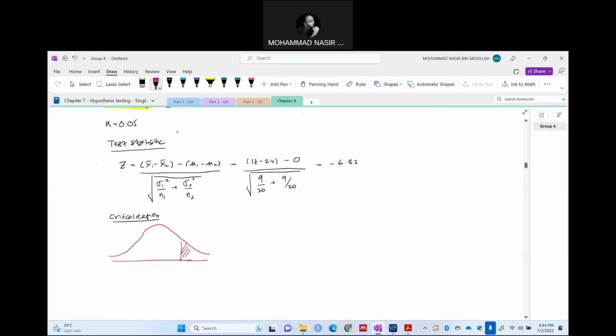This is rejection region number 1, rejection region number 2. This is 0. We are using the Z distribution. So negative Z alpha divided by 2, and this is Z alpha divided by 2. You know that this is a rejection region, this is the acceptance region, and this is the rejection region.